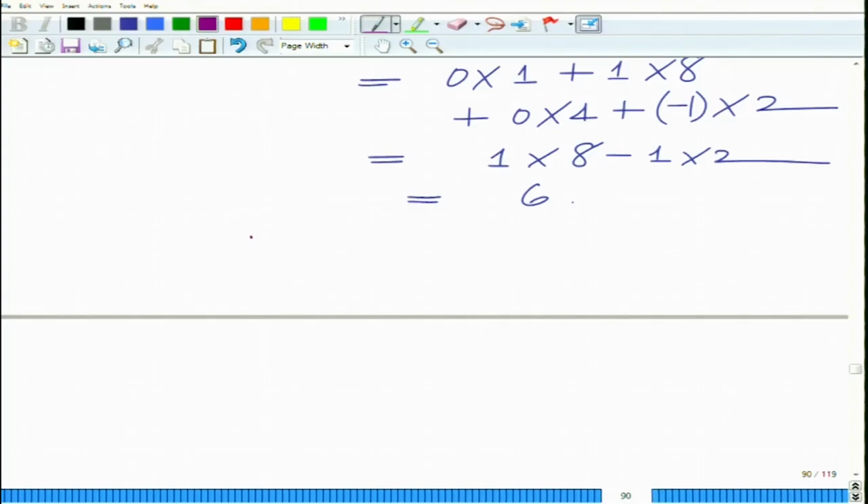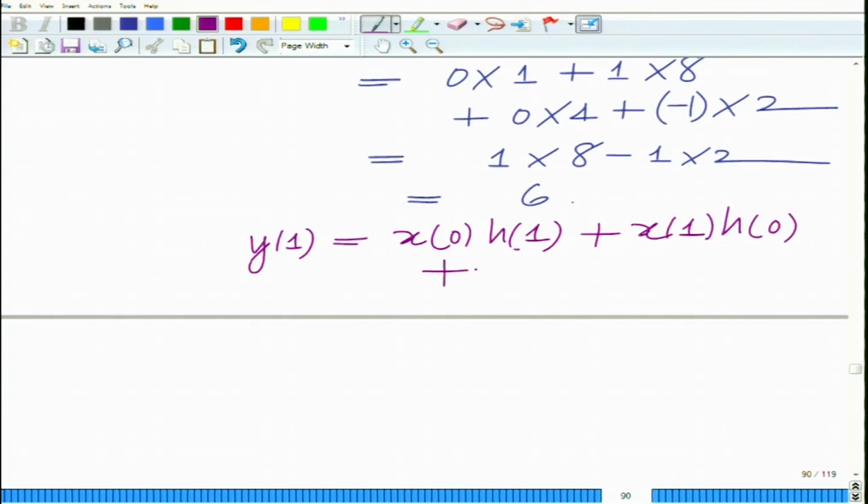So y of 1 will therefore be x of 0 into h of 1, plus x of 1 into h of 1 minus 1, that is h of 0, plus x of 2 into h of 1 minus 2, h of minus 1, modulo 4 is h of 3, plus x of 3 into h of 2.